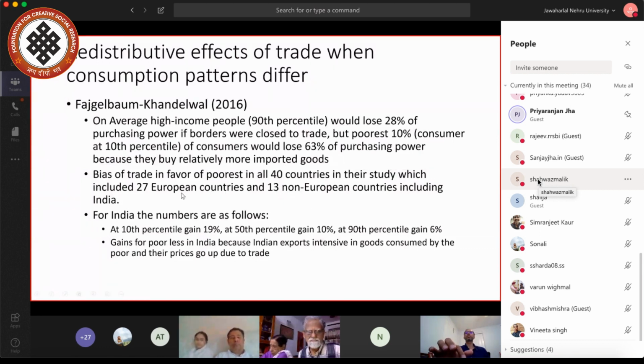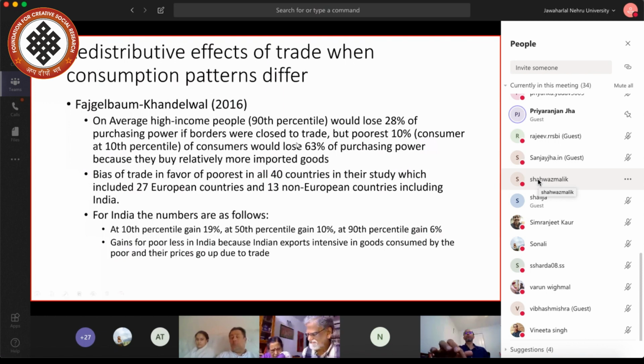There are 27 European countries and 13 non-European countries, and they find that on average, high-income people would lose 28% of purchasing power if borders were closed to trade, but the poorest 10% of consumers would lose 63% of purchasing power because they buy relatively more imported goods.